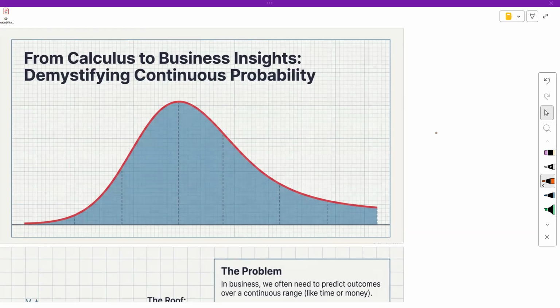Right, from calculus, where you studied limits, derivation, sometimes differentiation, and integration. From calculus to business insights, demystifying continuous probability.